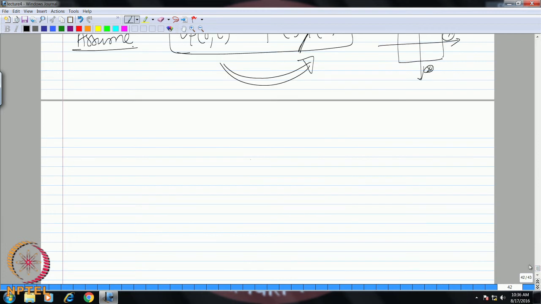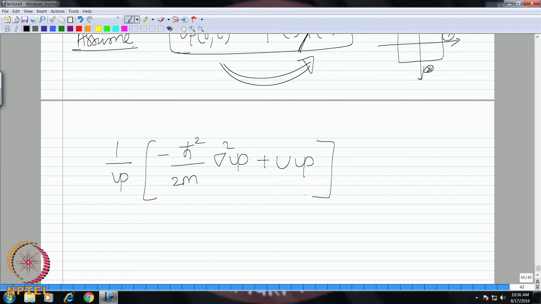Let me write the equation down and you please verify it. 1 by psi, minus h bar square by 2 m del square psi plus u psi. This is the ODE that you get on one side.